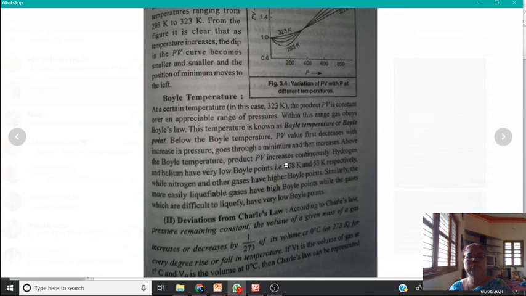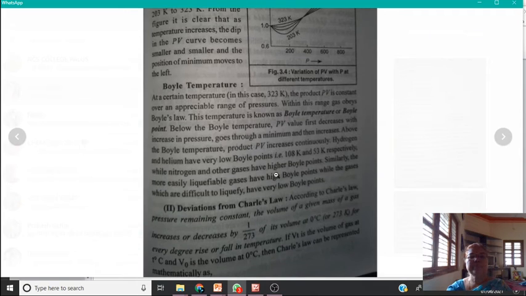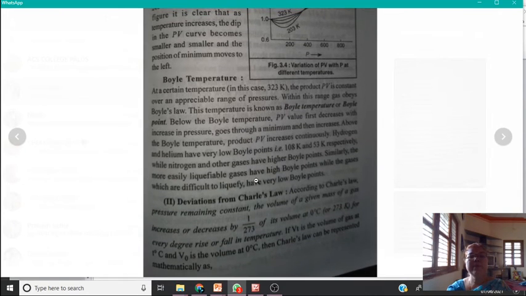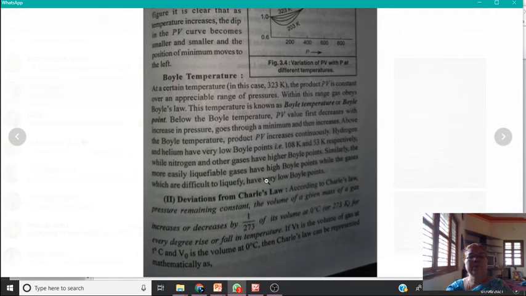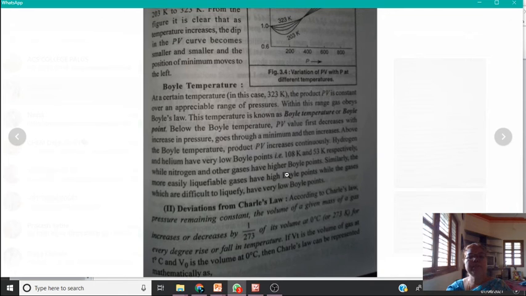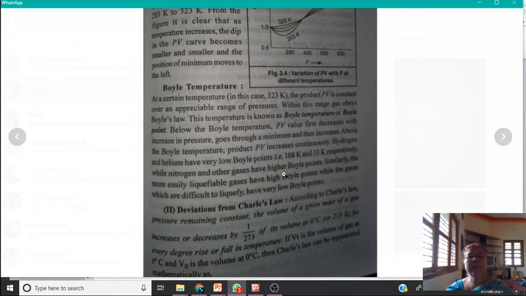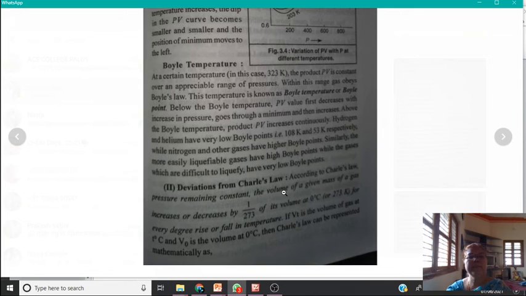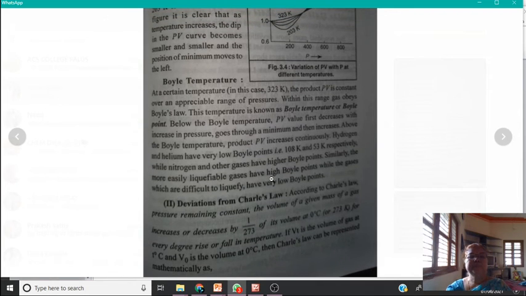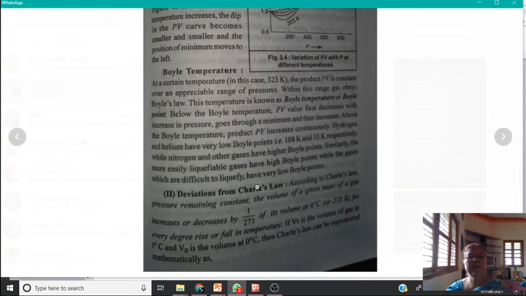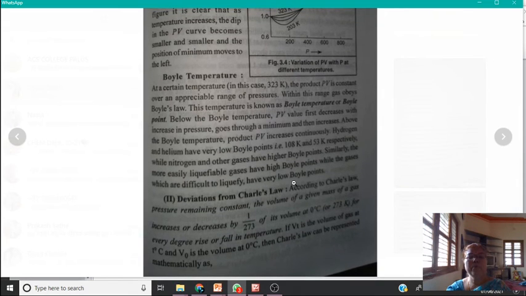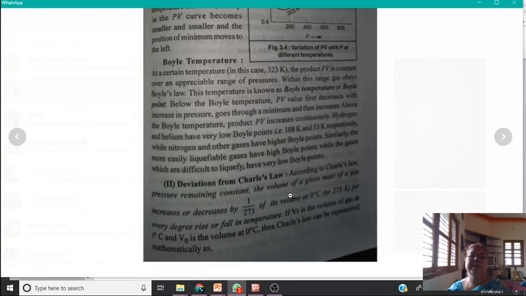In case of H2 gas and helium gas, already you have seen this. And the easily liquefiable gases have high Boyle points, while the gases which are difficult to liquefy have very low Boyle points.